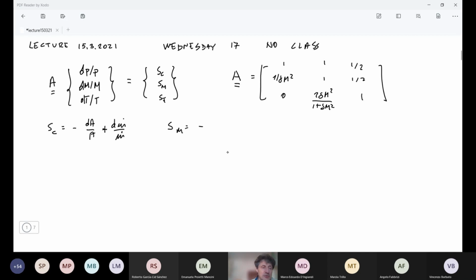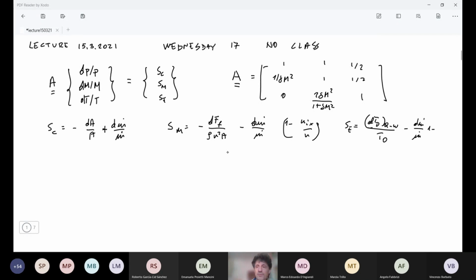Sm is related to friction and mass addition, where we see that the mass addition terms also depend on the direction, on the amount of velocity, or better of momentum, that we give in the x direction. And finally, we have SE for the energy equation, related to the exchange of heat and work, and again to mass addition depending on the enthalpy content of the added mass.